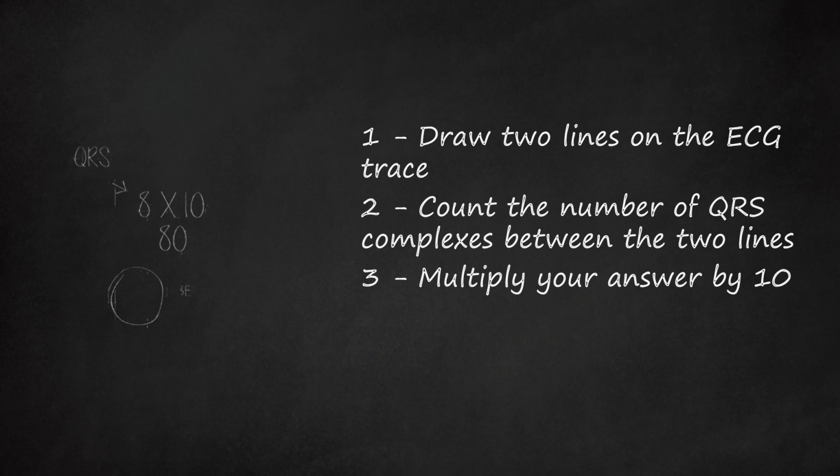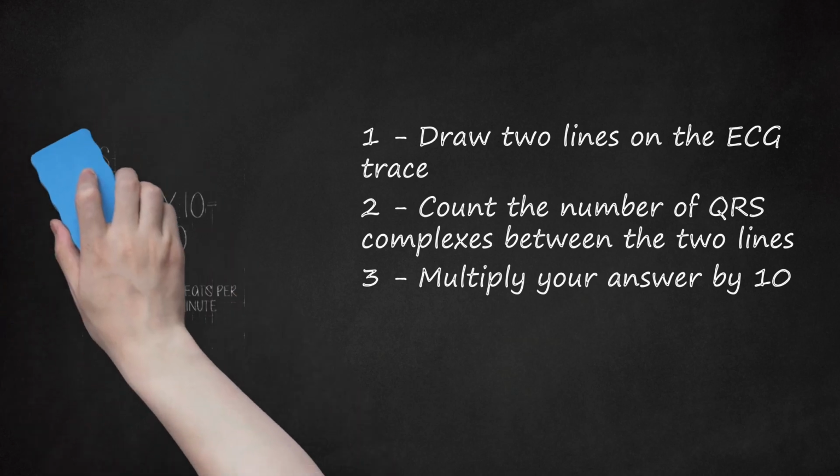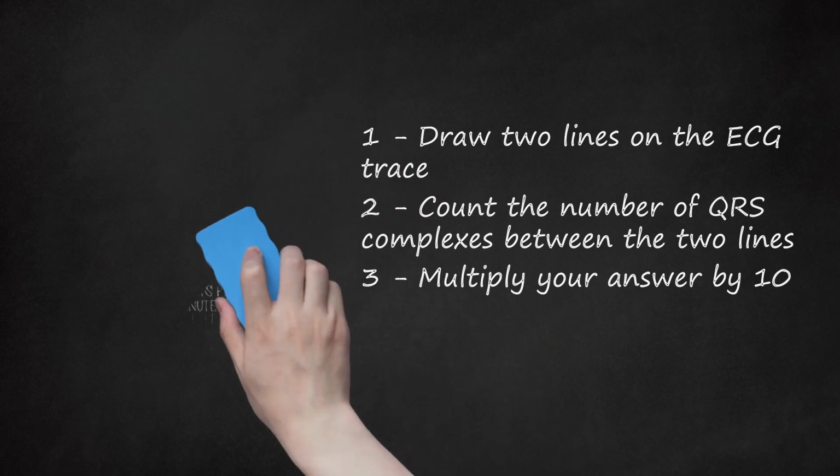Because 6 seconds x 10 is equal to 60 seconds, multiplying your answer by 10 will give you the number of heartbeats that have occurred in 1 minute, in other words, the beats per minute, which is the standard measurement of heart rate. For example, if you count 8 beats in the 6-second period, then your heart rate calculation gives you 8 times 10 is equal to 80 beats per minute.